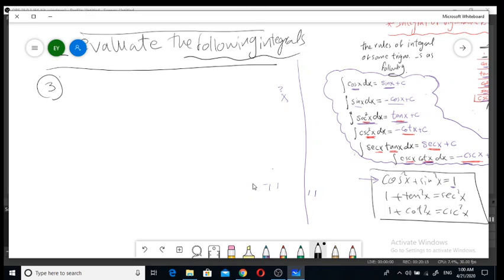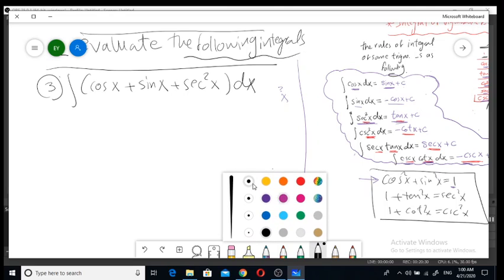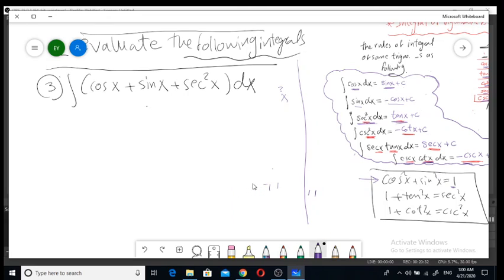The third problem, if we need to integrate cosine x plus sine x plus sec squared x dx. We can easily apply the sum rule in the integration. So we need to find the integral of cosine x dx plus the integration of sine x dx plus the integral of sec squared x dx.